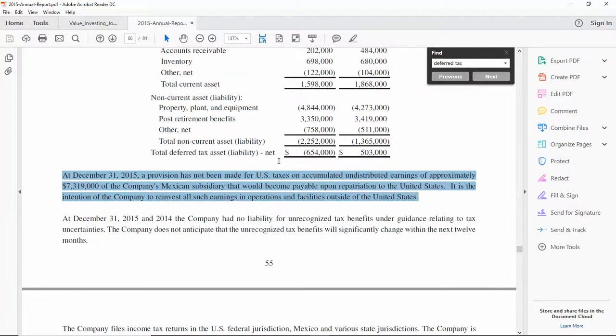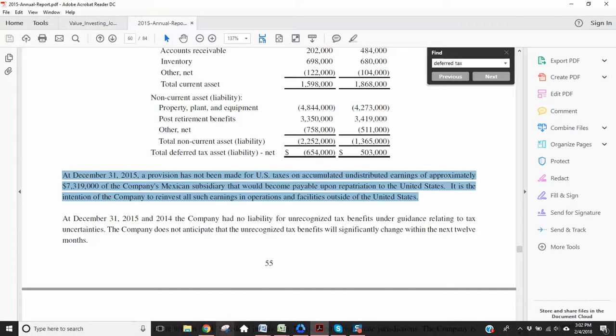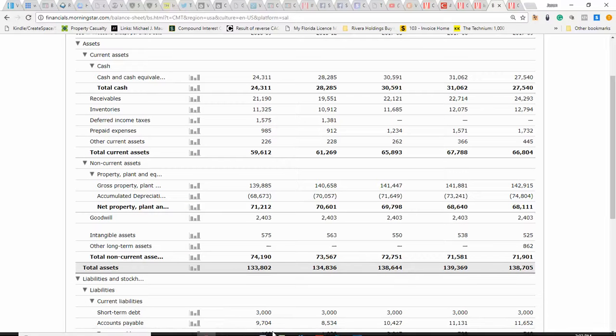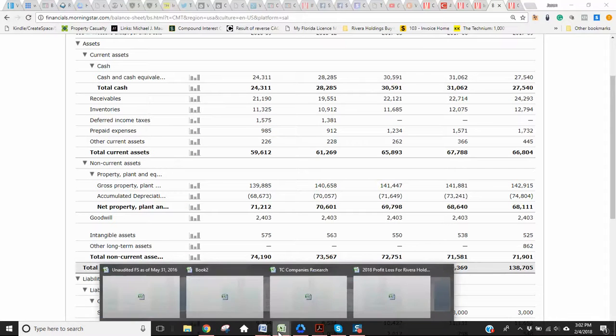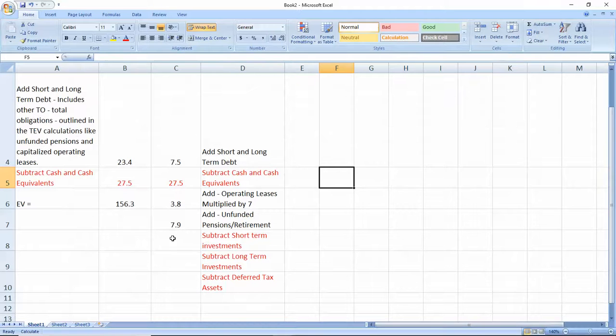When this number is negative, I just leave it 0, especially when it's that small of a number, just to be as conservative as possible. Because if it's a negative here and we subtract, technically we'd have to turn that to a positive, and that wouldn't make any sense because it's already a negative.